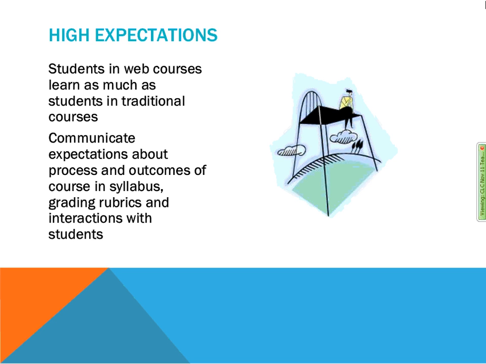We set the high expectations, and we know that students are going to learn as much online or in a distance accessible format as they do when they're on campus in a more or less traditional setting. And then the other way that you get these high expectations, just like you do in the classroom, is you need to explain to the students what it is that you want them to do.